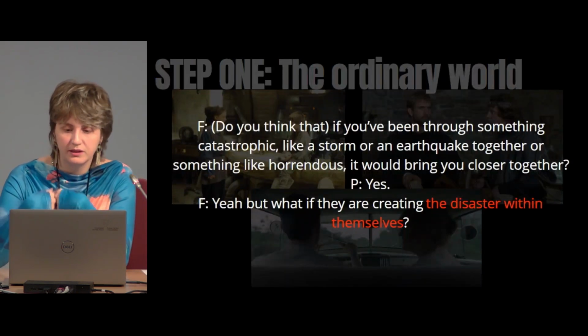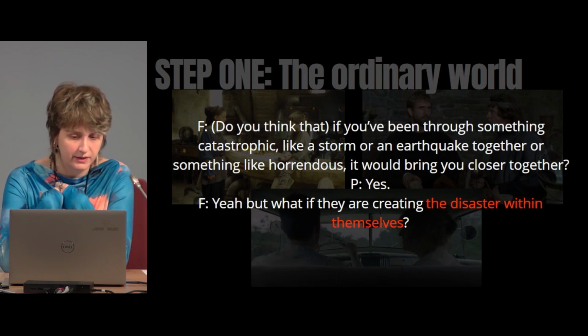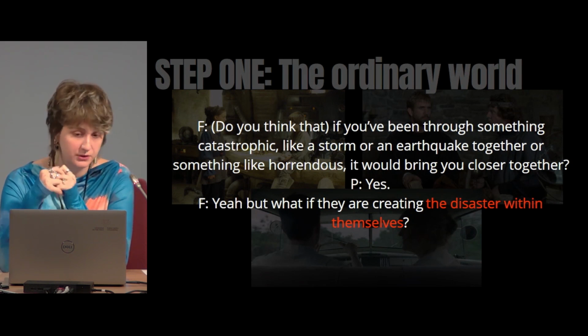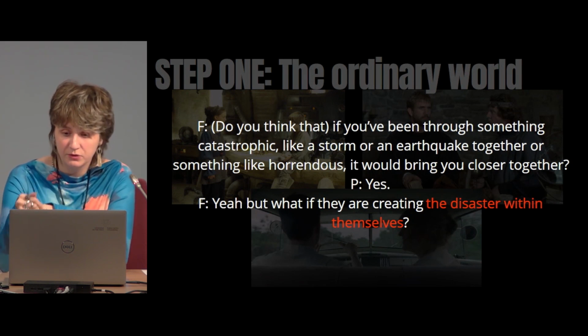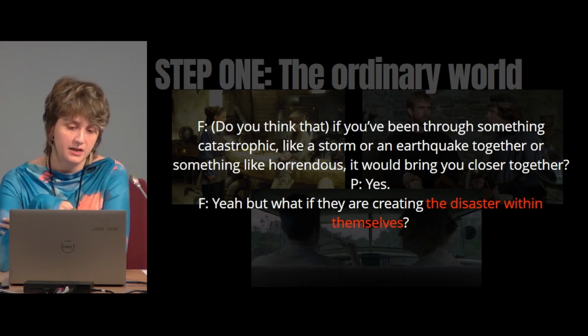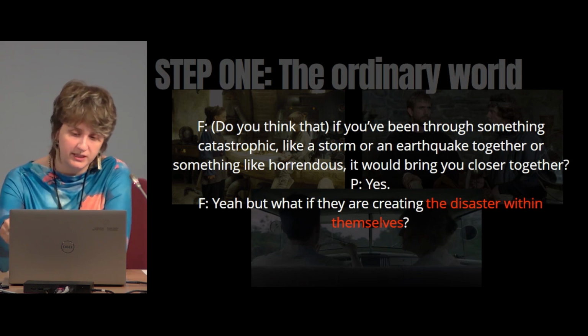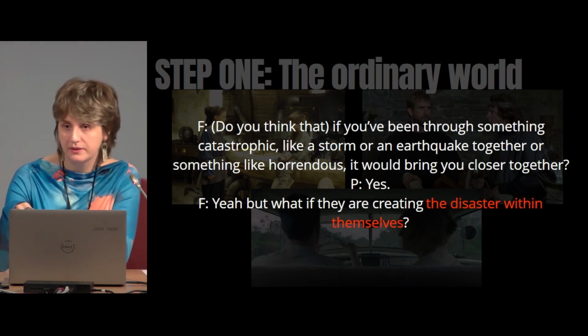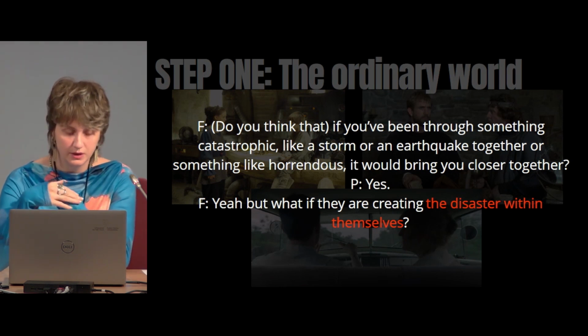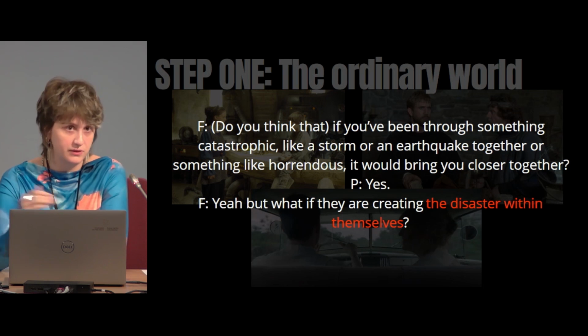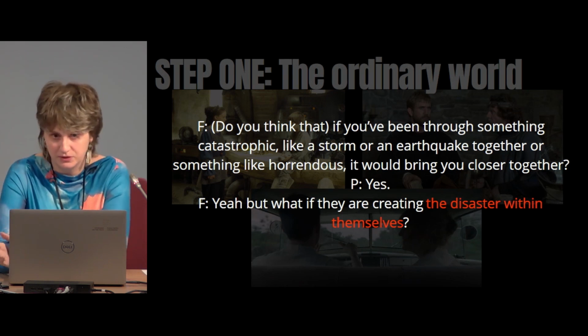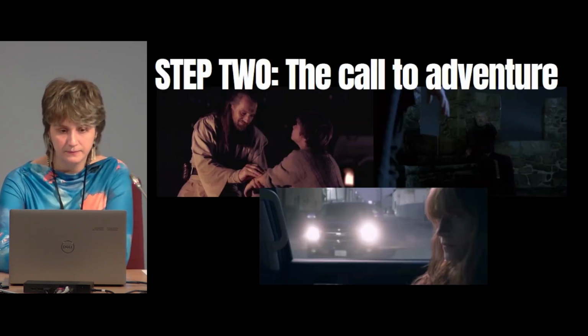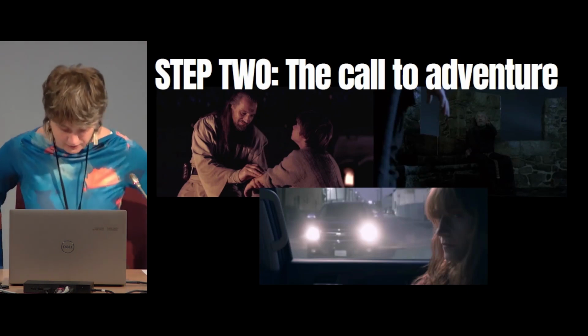She says, do you think if you've been through something catastrophic, like a storm or an earthquake together, or something horrendous, it will bring you closer together? He says, yes. She says, yeah, but what if they were creating a disaster within themselves? And this line is what's going to give rise to the upcoming story, and to the 3 upcoming stories in reality.